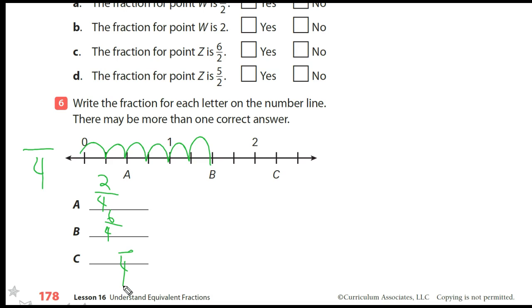Let's see, this was 6, right? 6, 7, 8, 9. Is that right? So 1, 2, 3, 4, 5, 6, 7, 8, 9. It's 9. I'm not counting 0 as 1. I'm counting the spaces in between. Okay, so 9/4. That's what that is.